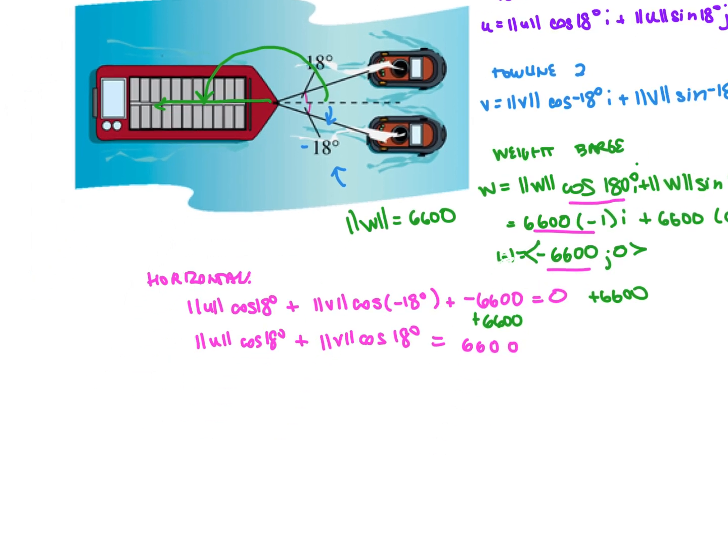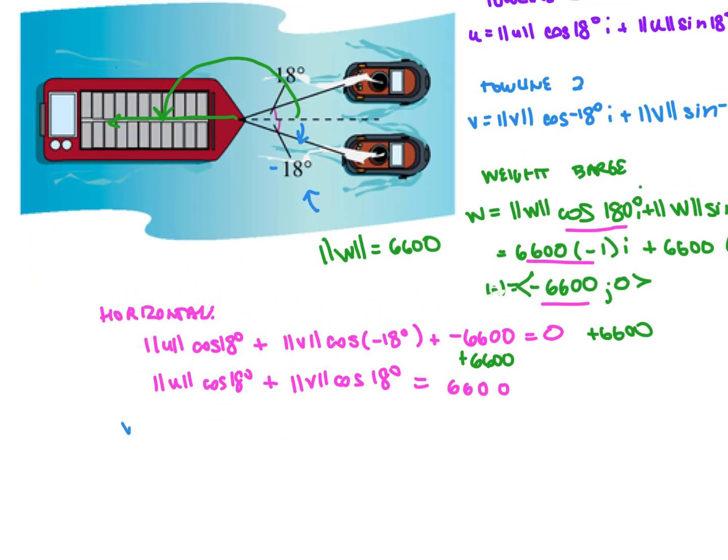Now let me go ahead and write the vertical equation. Vertical, so that'll include all of our sines. So magnitude of U, sine of 18 degrees, plus the magnitude of V, sine of negative 18 degrees, equals, and looking at our weight of the barge, our sine value is just 0.